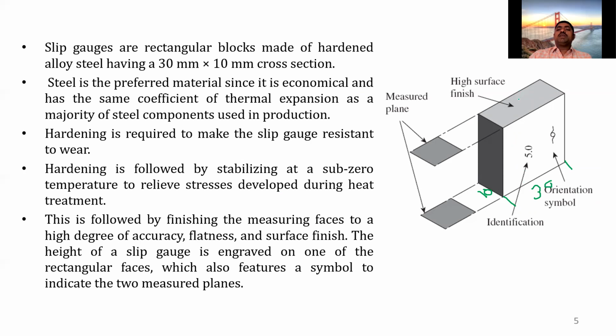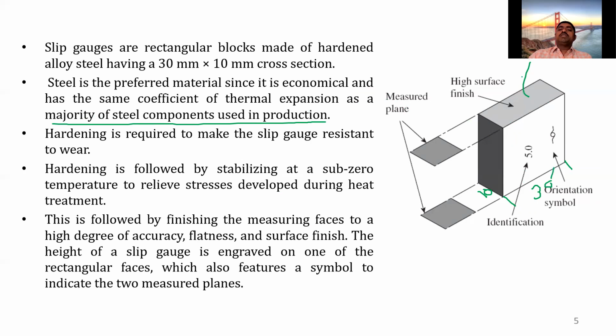The slip gauges are made of steel because it is economical and has the same coefficient of thermal expansion as the majority of steel components used in production. The surfaces are the top surface and the bottom surface.